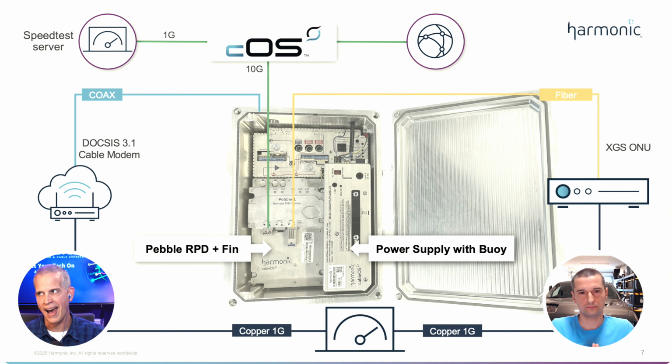I think that is what excites me about this technology: you could have a lot of DOCSIS modems around, but if you wanted to extend fiber to someone who needed really high speeds, this is a way you could quickly and efficiently do that, correct?